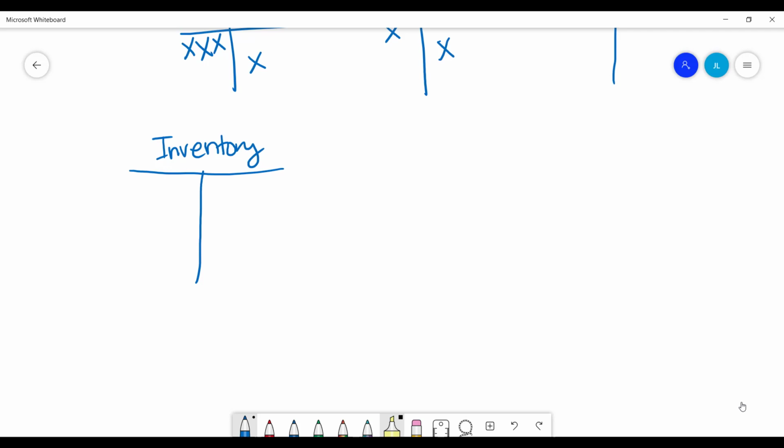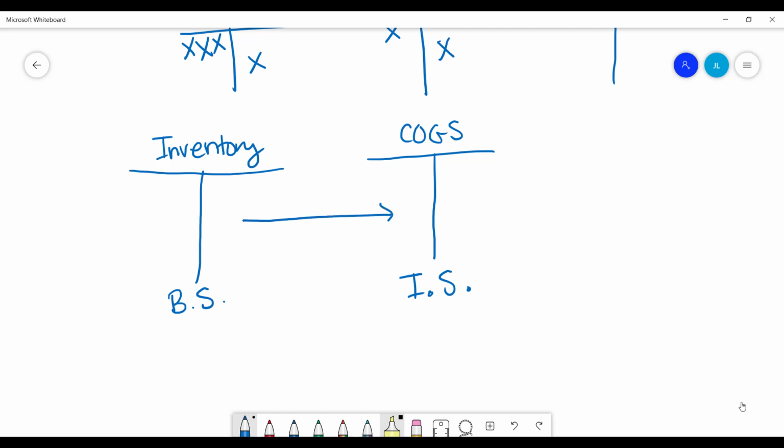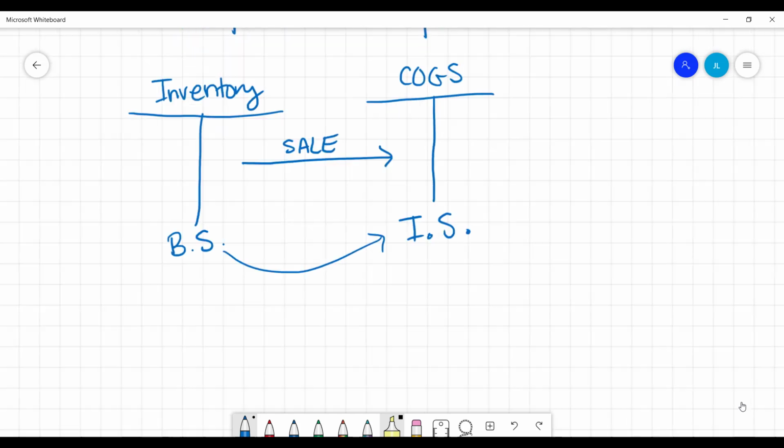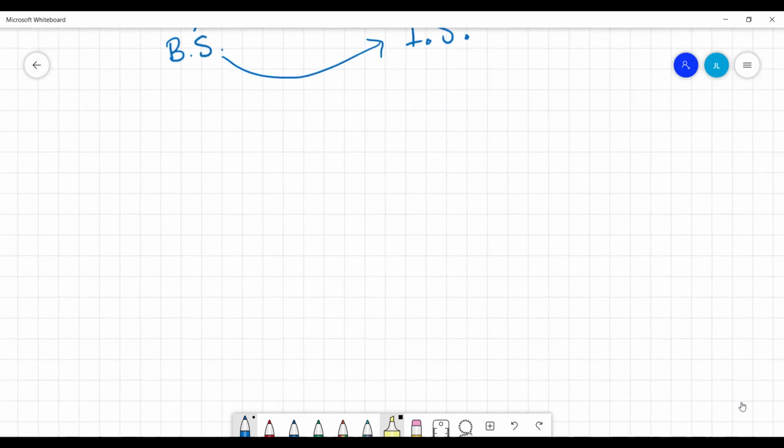But basically, those costs sit in inventory on the balance sheet, right? What causes those costs to be converted or moved over to the income statement onto cost of goods sold? What's that condition? A sale has to be made. As soon as I sell an item in a finished goods account, it moves from finished goods into cost of goods sold, and it has now moved from the balance sheet onto the income statement. Okay, that's how product costs work.